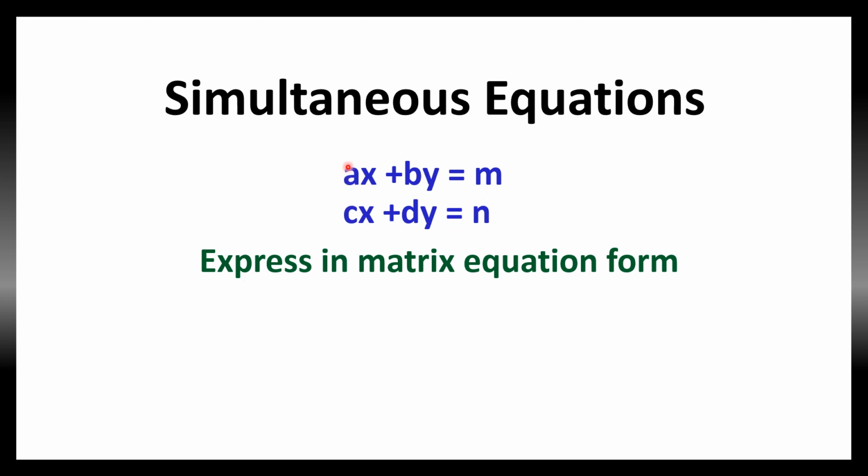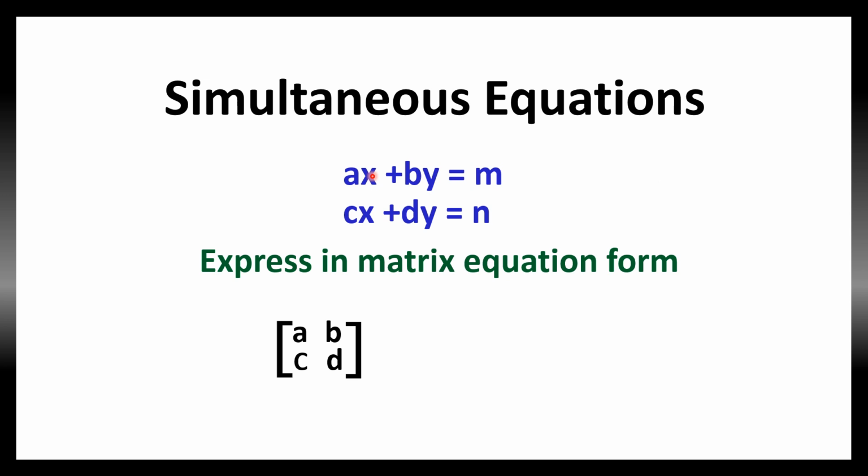Now, the coefficient of x here is a and that of y is b. Then here in the second row, that will be c and d. Considering a, b, c, d, the coefficients of all the variables in the equations, we are going to create a matrix of a, b, c, d.